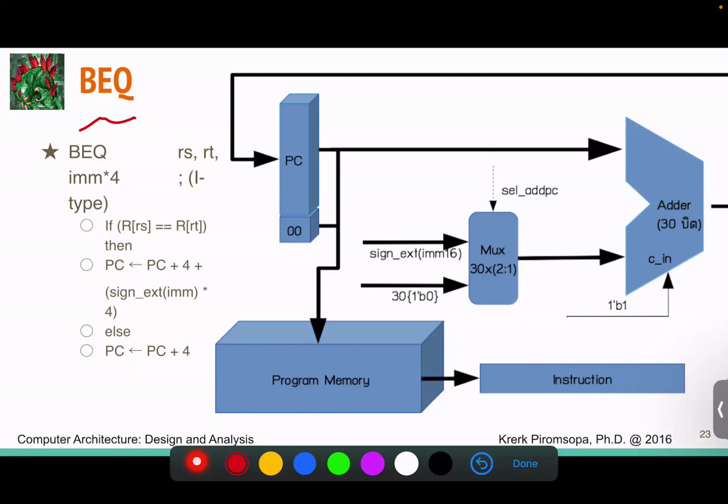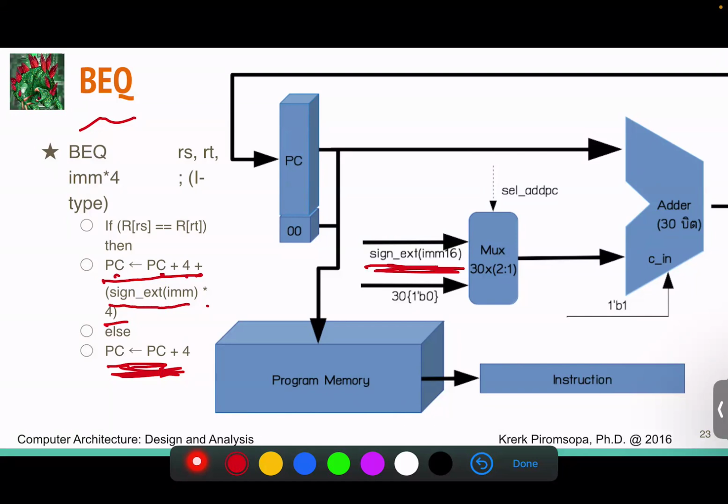So for the branch, we have two choices for PC. One is we do the normal PC plus 4. Another one is we also have to do PC plus 4 plus sign extended immediate times 4. So we got sign immediate here, extension here.